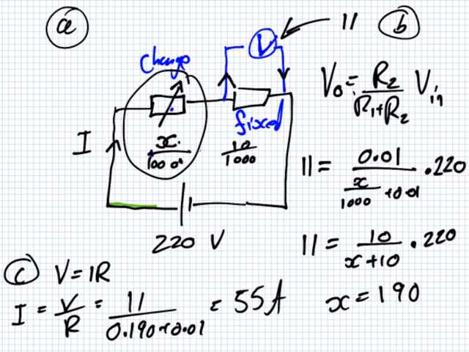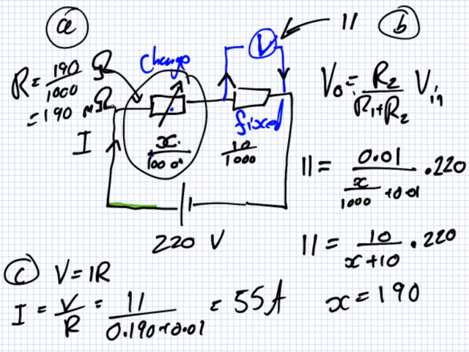If you look here, the resistance is 190 over 1000 ohms, or if you want, that's 190 milliohms. Here x equals 190 is ohms, not milli. No, this is milliohms.